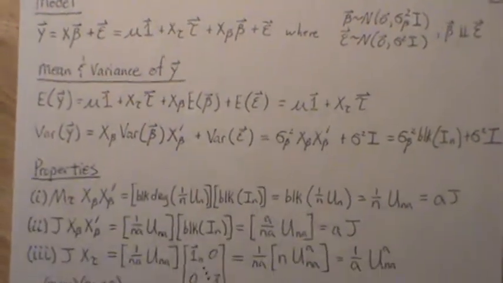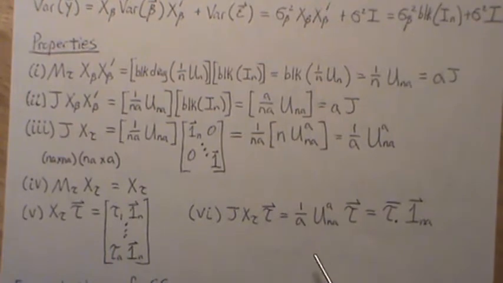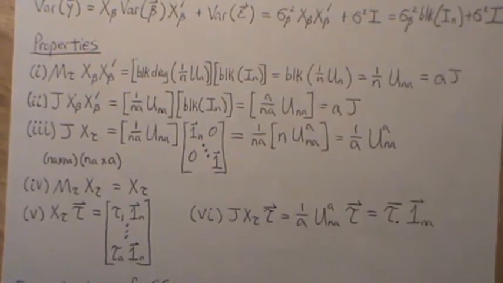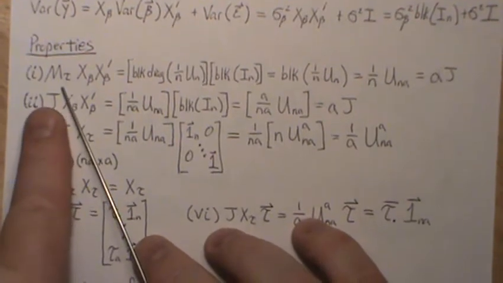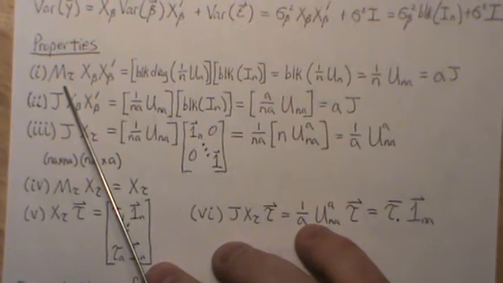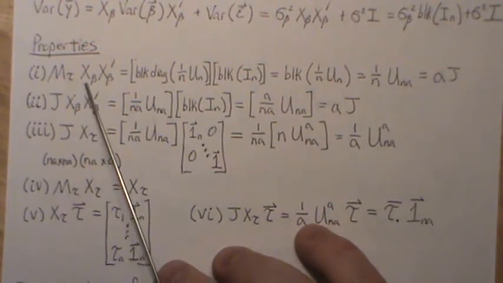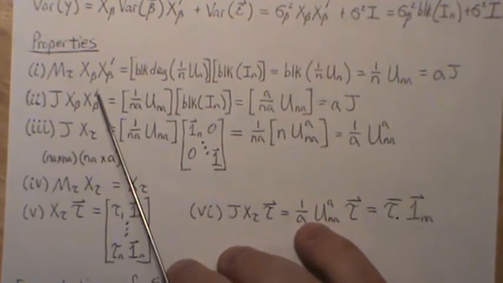Now some of these properties that we're covering we're going to need on the bottom of page 3. And if we look at M tau, so this is the perpendicular projection matrix on the column space of X tau, and we're going to multiply it times X beta and X beta prime, or transpose.